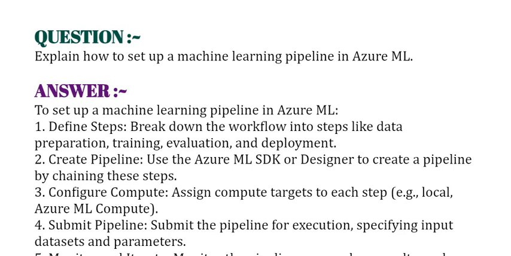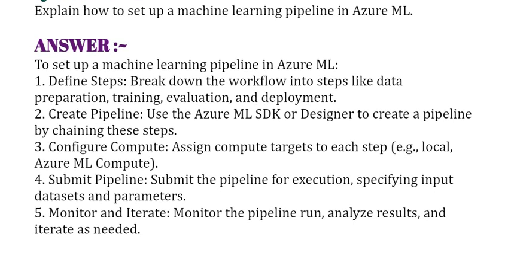Configure compute. Assign compute targets to each step, for example, Azure ML compute. Submit pipeline. Submit the pipeline for execution, specifying input datasets and parameters. Monitor and iterate. Monitor the pipeline run, analyze results, and iterate as needed.